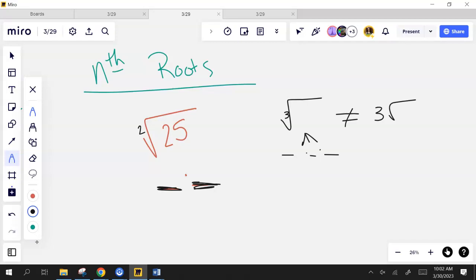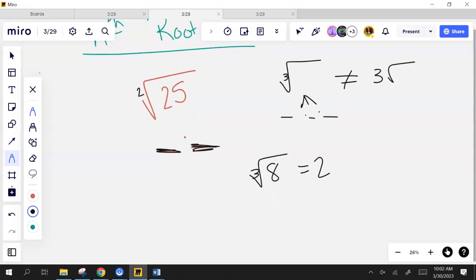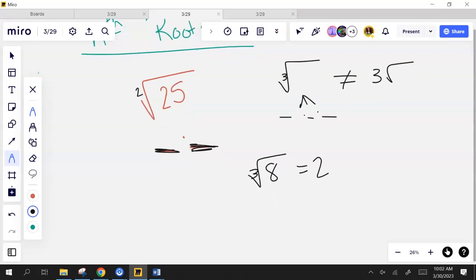So you know a lot of cubes. What if I said the cubed root of 8? 2, right? What number times itself 3 times gives you 8? What can you never have with a square root? A negative under the square root, right?